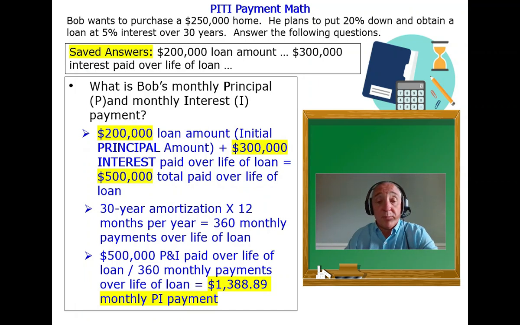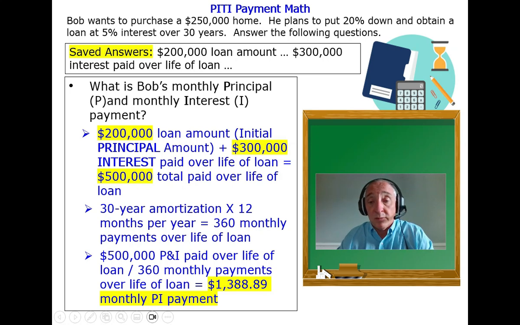and I subtract that principal, then our next payment would be based off of what that new loan amount would be. So we had 1,388.89 minus 833.33.